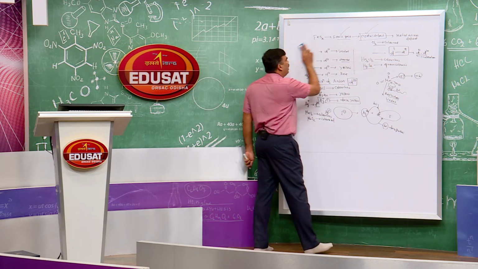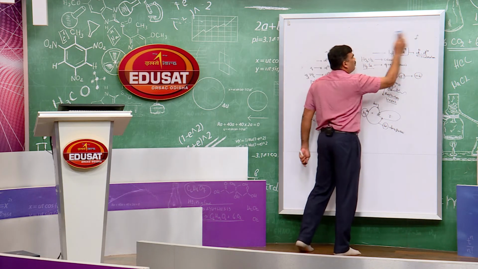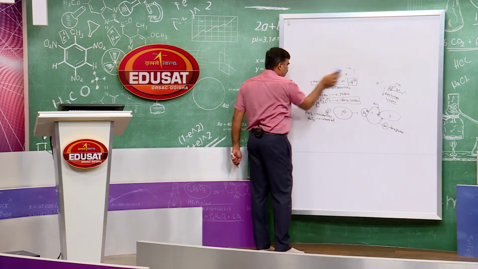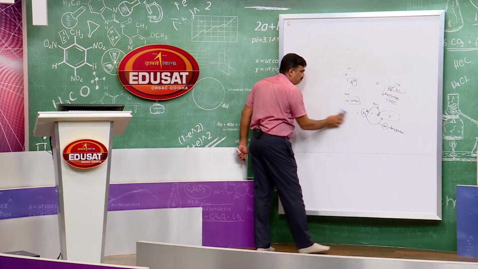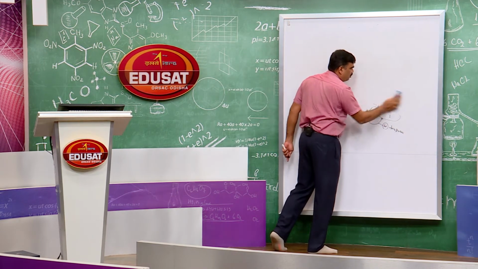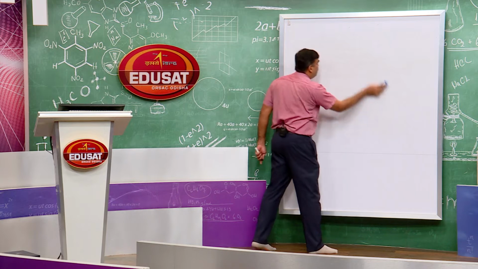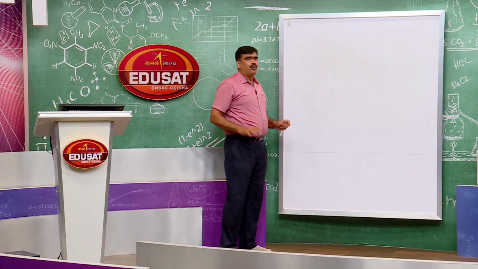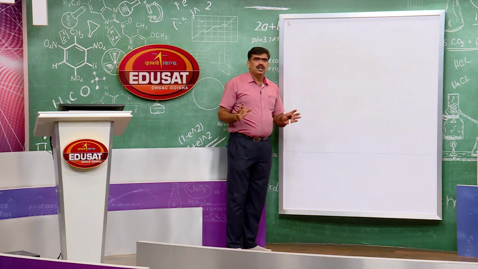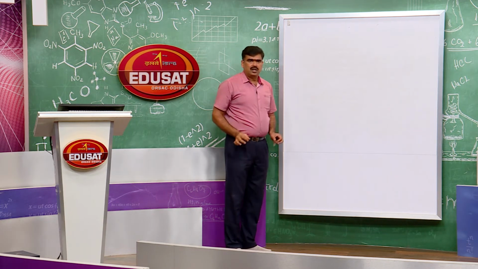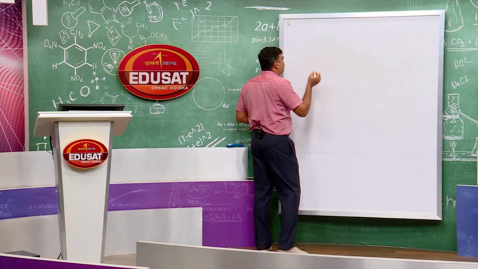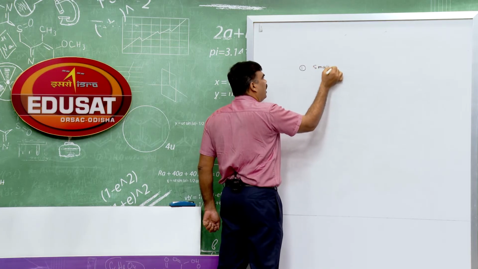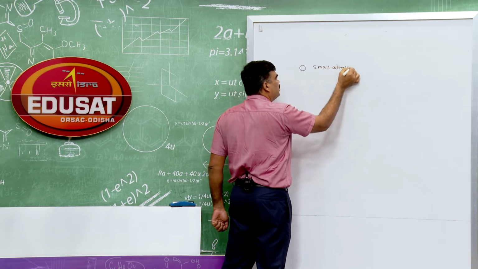Like in organic compounds, carbon plays a central role, here in complex formation, the transition metal plays the central role in making all complex compounds. Why? Because it has a few unique properties, like small size, small atomic size.